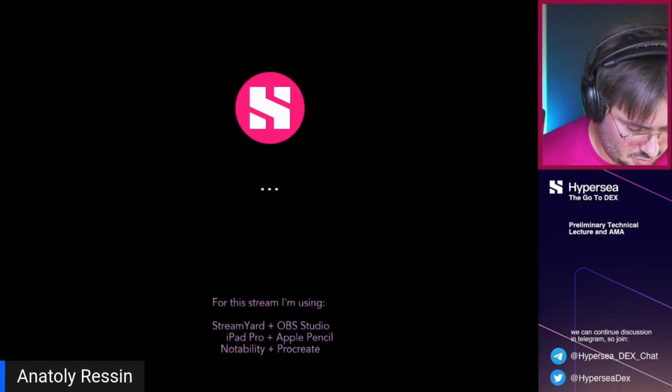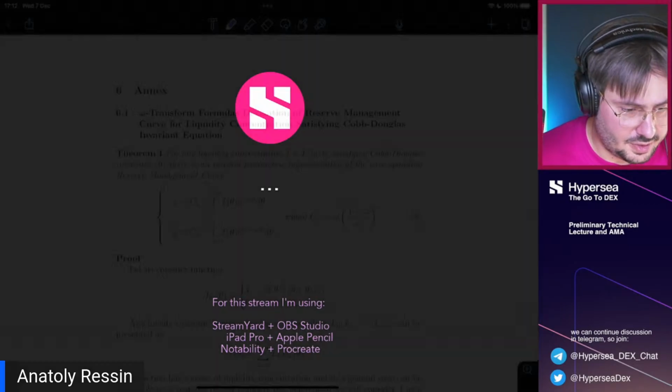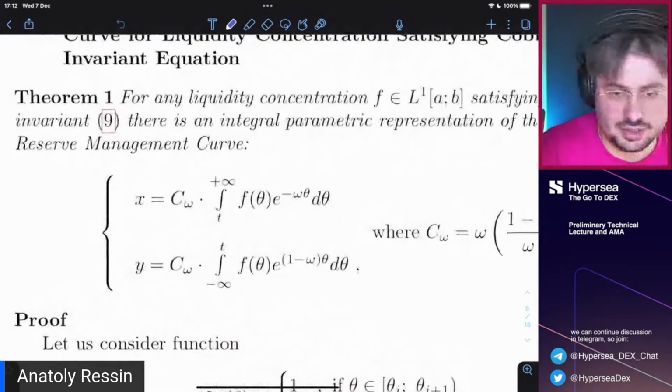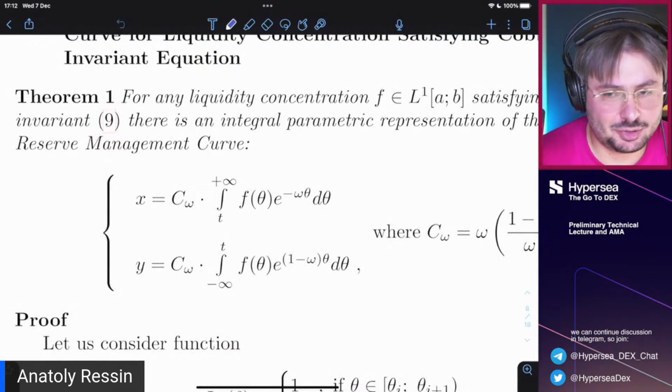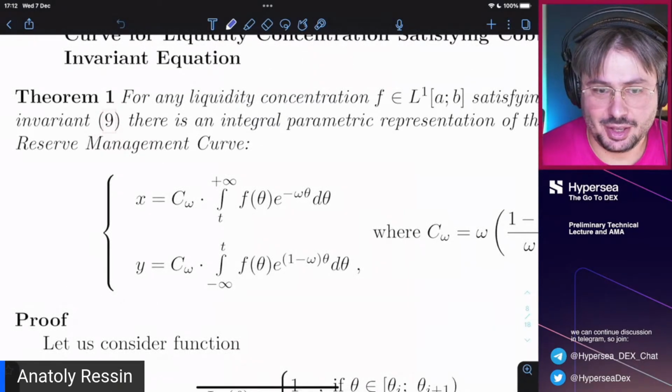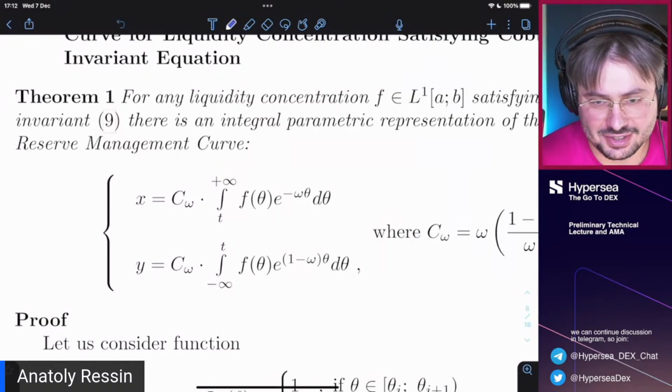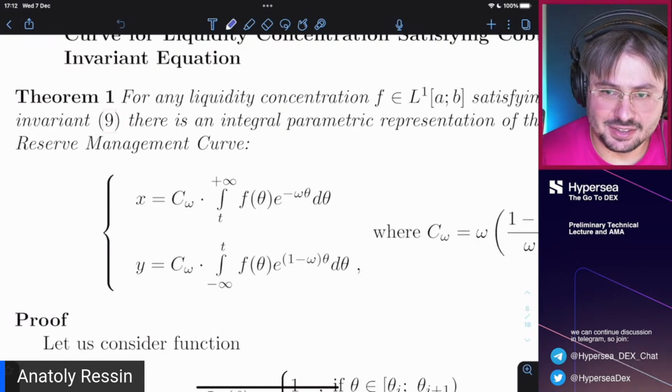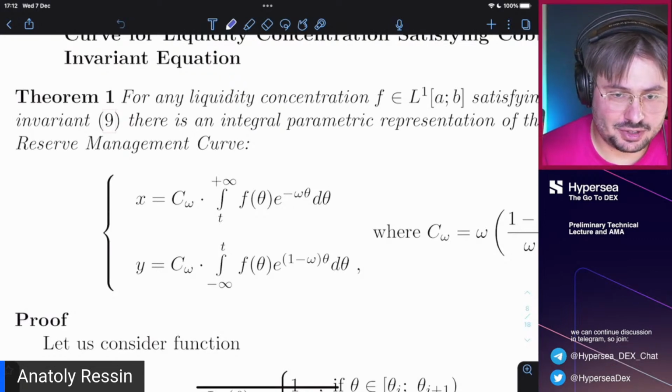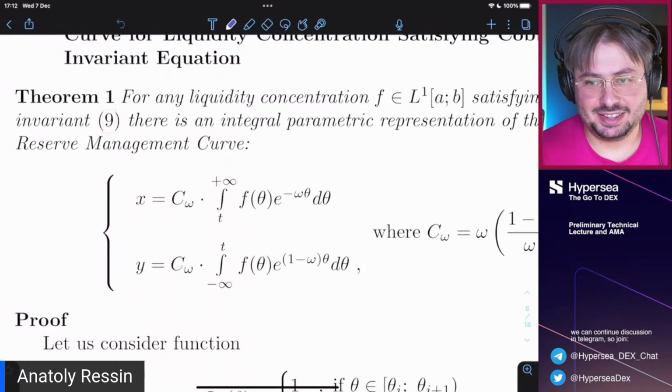Let me show. So these are these formulas. Yes, they have integrals, but when we are using particular functions, those integrals can be easily analytically calculated.